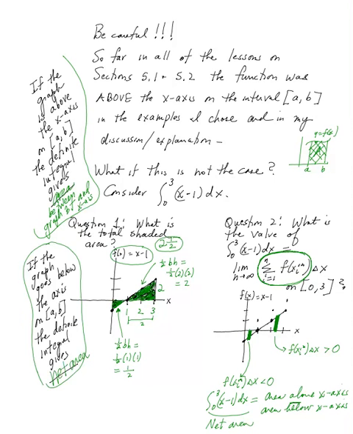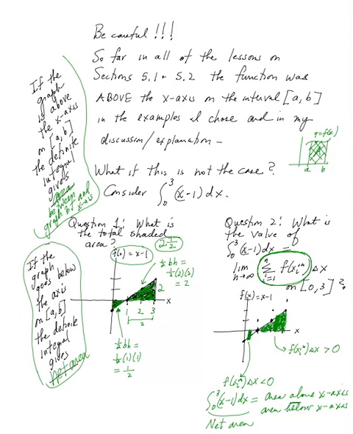Now, what's the value of this definite integral going to be? Well, what's the area of this triangle? We figured that a minute ago to be what? 1/2 base times height, 1/2 times 2 times 2. So we got 1/2 of 4, which is 2.